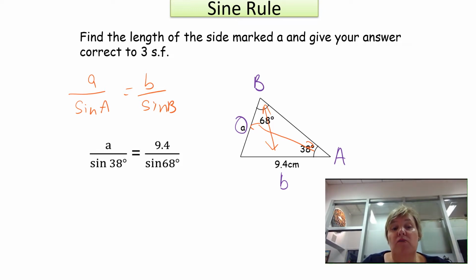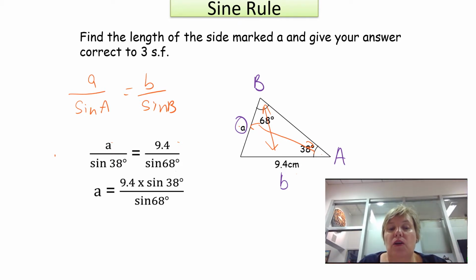Now, if you have a look in my writing here, what I've done is I have moved those pieces in. So I've just labeled it. I don't know what side a is, but I do know the angle, so sine of the angle is sine 38. And then for the other pair, I know what 9.4 is, and I also know that its angle is sine of 68. Okay, now in order to solve this, it looks really complicated.